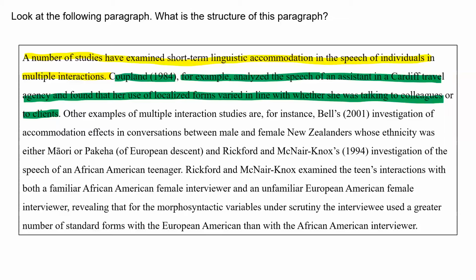Rickford and McNairnock examined the teen's interactions with both a familiar African American female interviewer and an unfamiliar European American female interviewer, revealing that, on the morphosyntactic variables under scrutiny, the interviewee used a greater number of standard forms with the European American than with the African American interviewer.